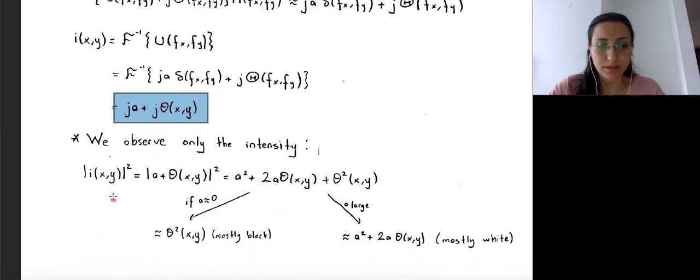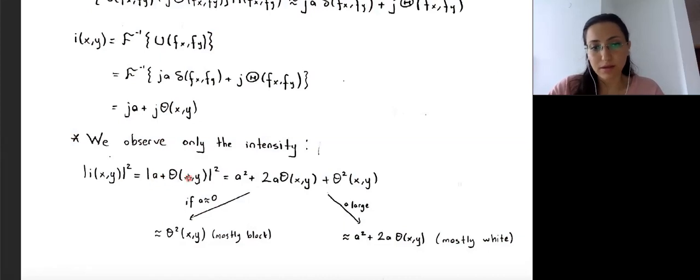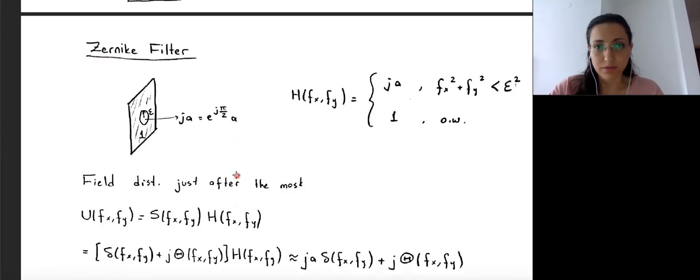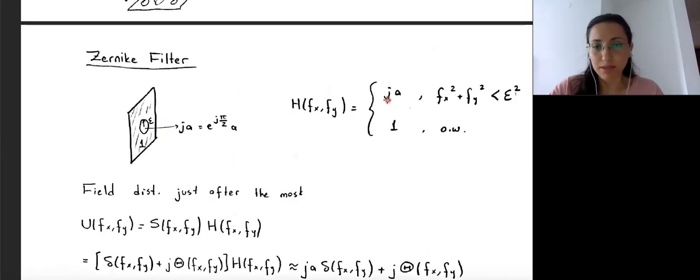Let's look at that. What is the magnitude square of IXY? So it's going to be a plus theta xy, magnitude square. So if you open this term, we assume a and theta are real valued. Theta is real valued already because it's a phase function. And a, we also assume was a real constant because it was modeling the mask as j times a.